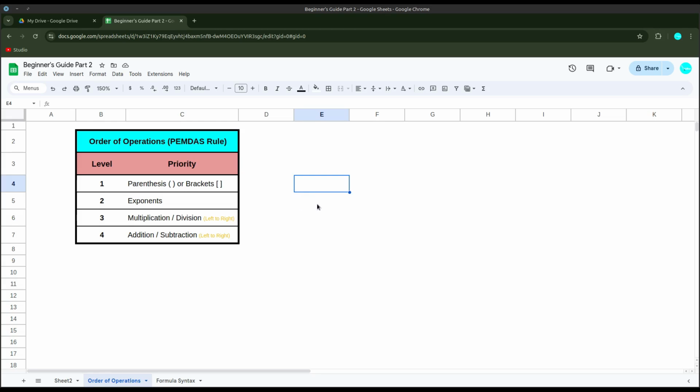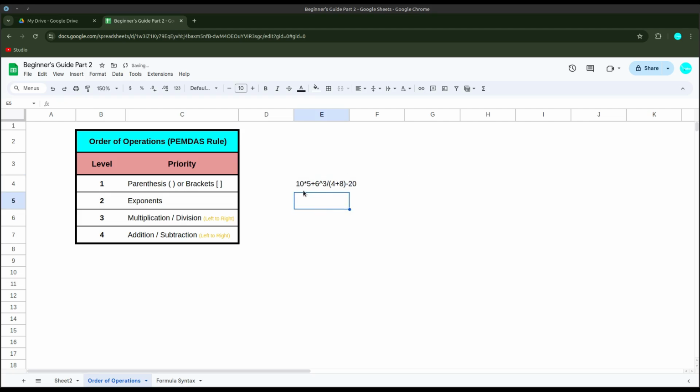So let me write an equation here. For example, 10 times 5 plus 6 to the power 3, divided by, in parentheses, 4 plus 8, and minus 20.